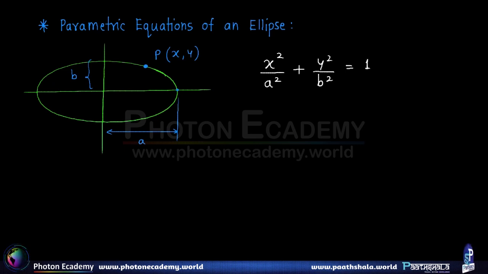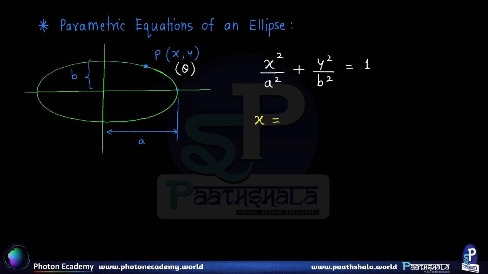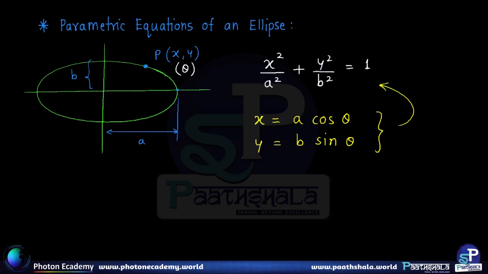And we know that theta is nothing but the eccentric angle of the point P that we have just seen. So if you observe, if we substitute x with a cos theta and y with b sin theta, then clearly both of these will satisfy the Cartesian equation of the ellipse.